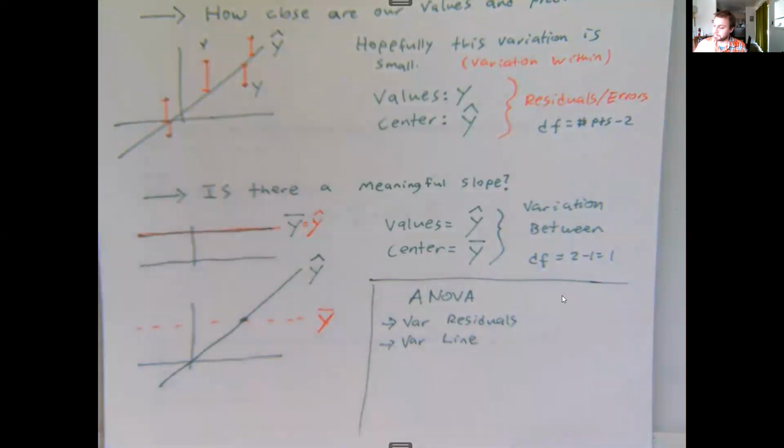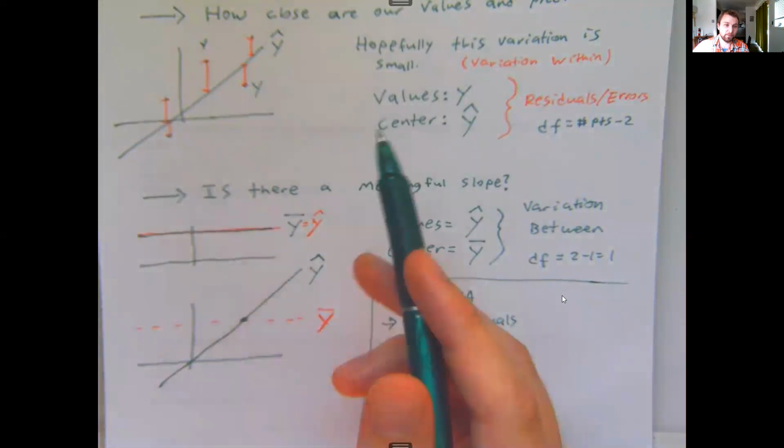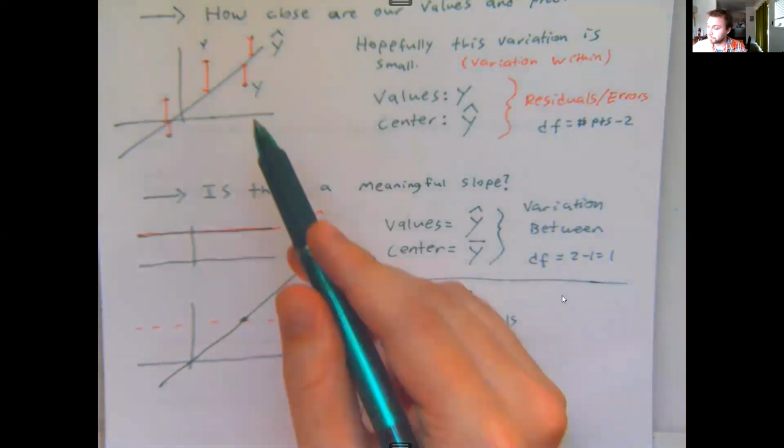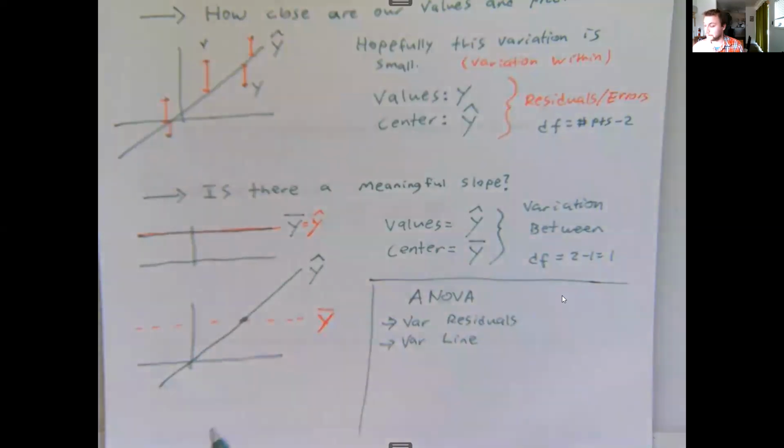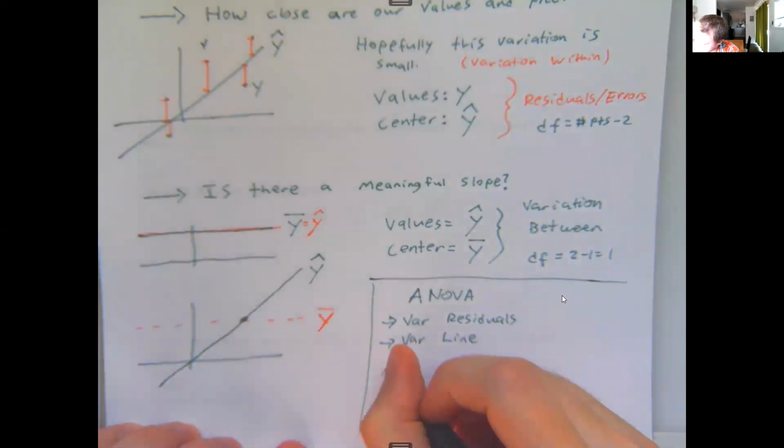My hope is that the variation from the line is stronger than the variation from the residuals. I'm hoping that there's very little error and that there's a significant slope, a significant difference between flat and not flat.